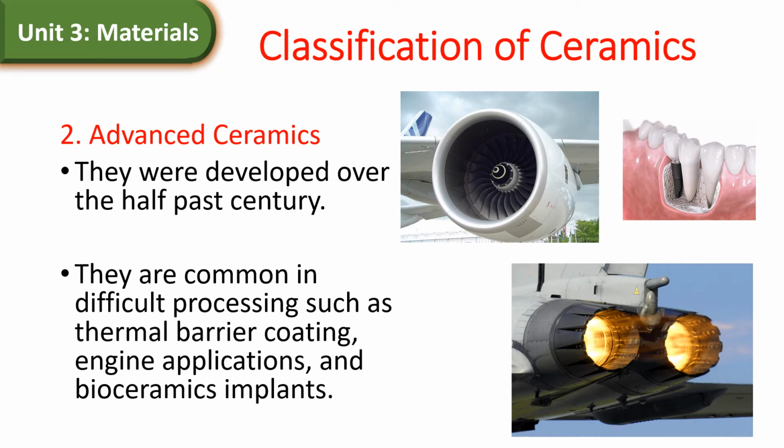They can be applied in extreme science applications such as thermal barrier coating, or engine applications such as the engines of spaceships or airplanes, or even bioceramic implants, such as in this picture.